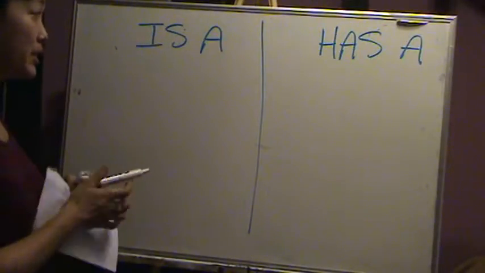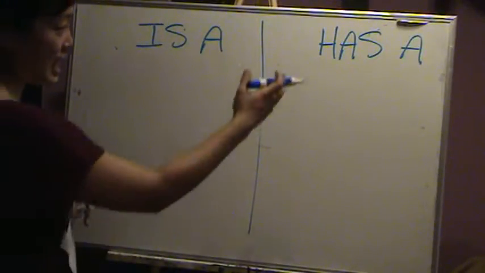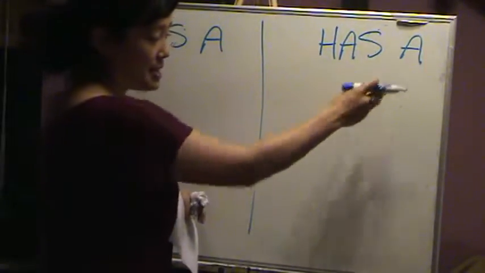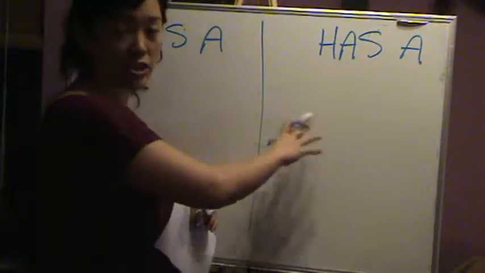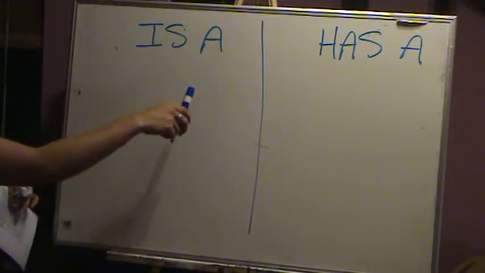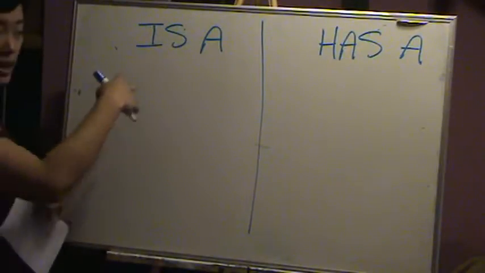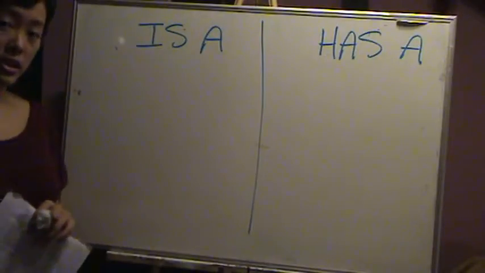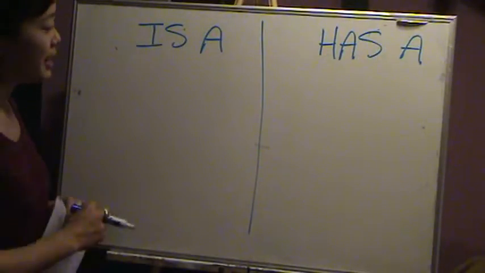We also have it with classes. A class has its members, it has instantiations of objects, or a class is a subset of another class. It inherits qualities from another class.